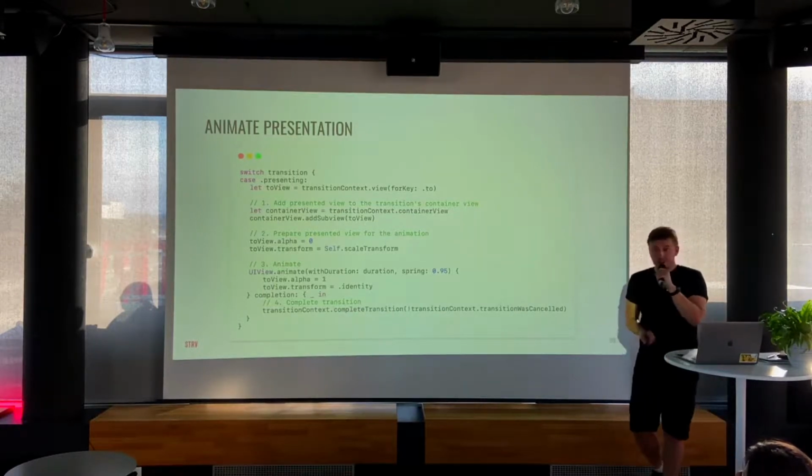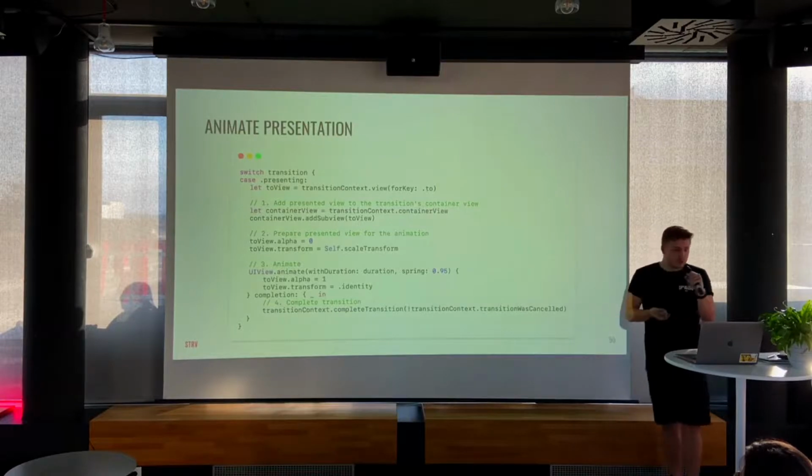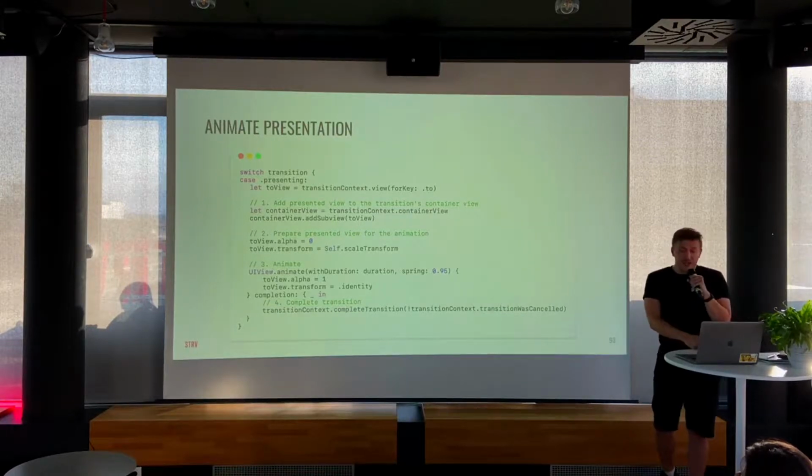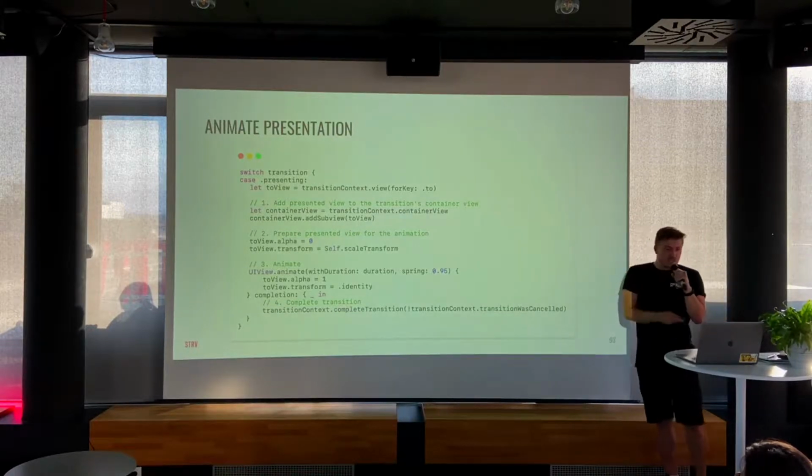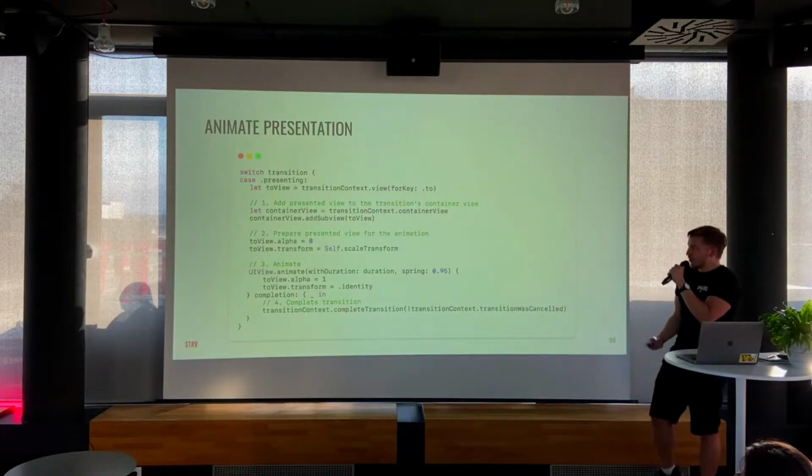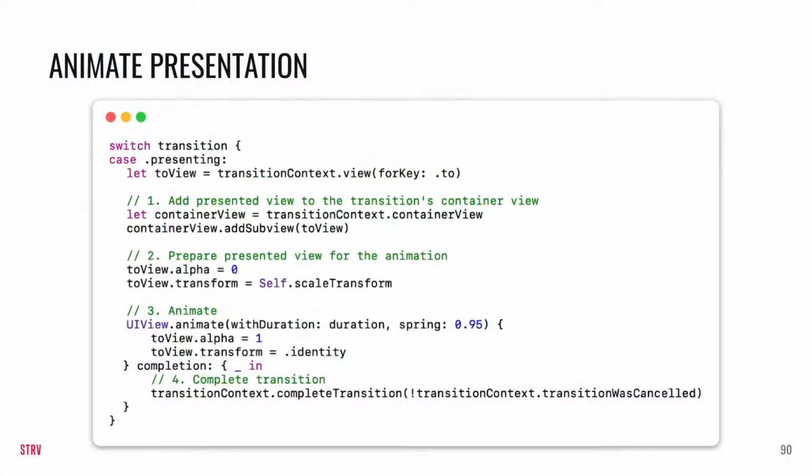We are preparing it for nice animation. So we're setting alpha to 0 and we are scaling it down. And then in the animation block, we're just increasing the alpha, getting rid of scale transform, and finally notifying system that, hey, transition has ended.